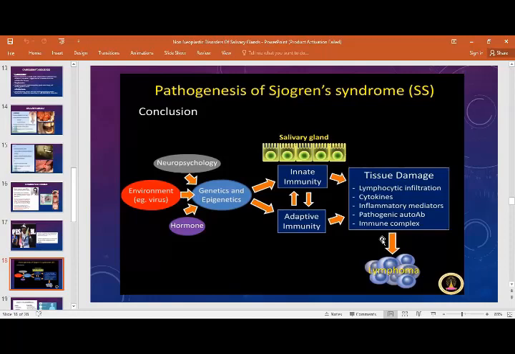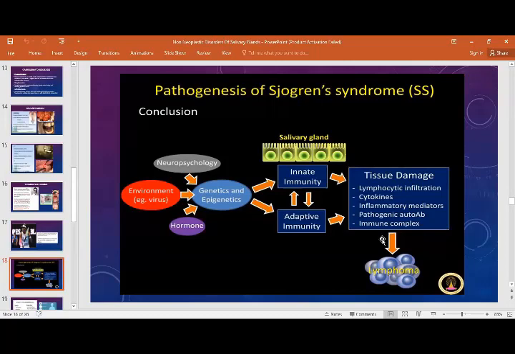Multiple factors take part in this disease. Sometimes environmental factors, some viruses: some patients present after having some viral infection. Then there are other environmental factors, hormones, and genetics. In some of the cases, genetics plays an important role.